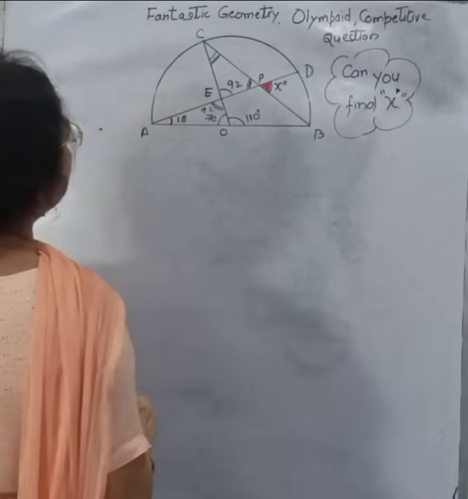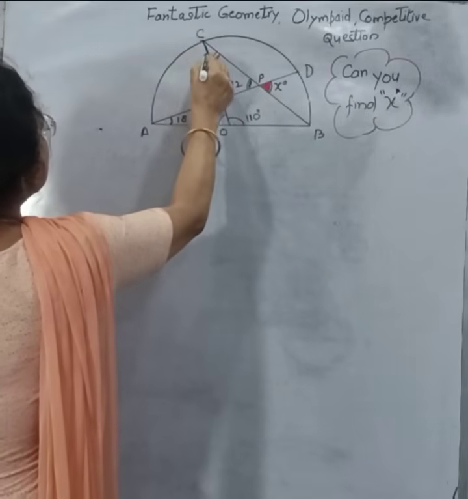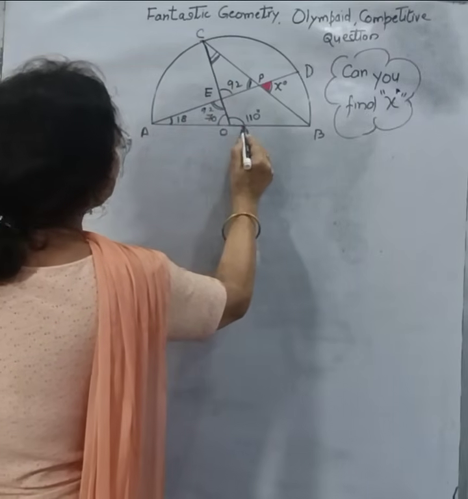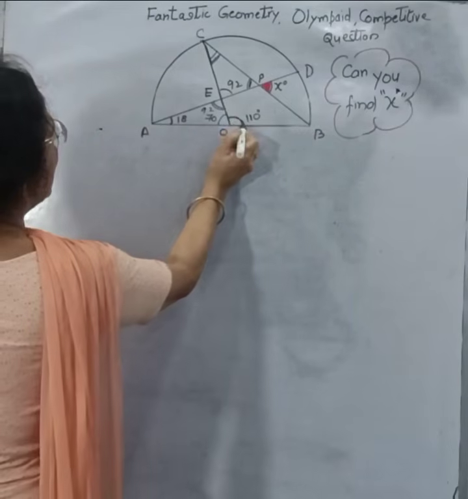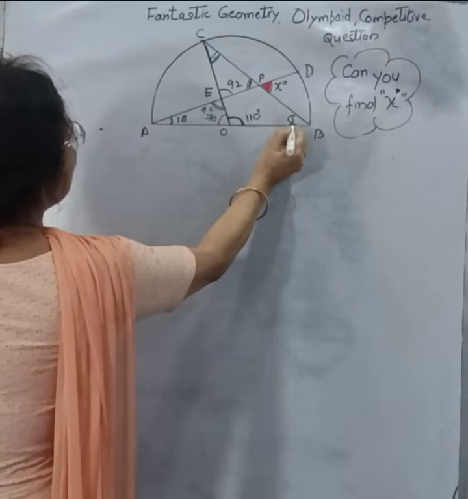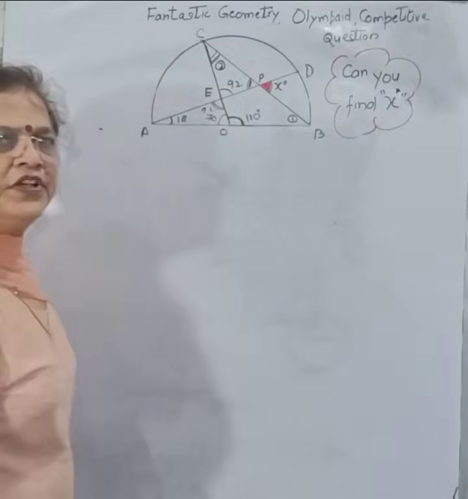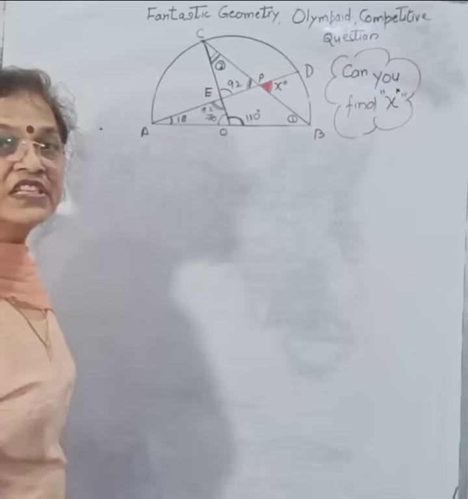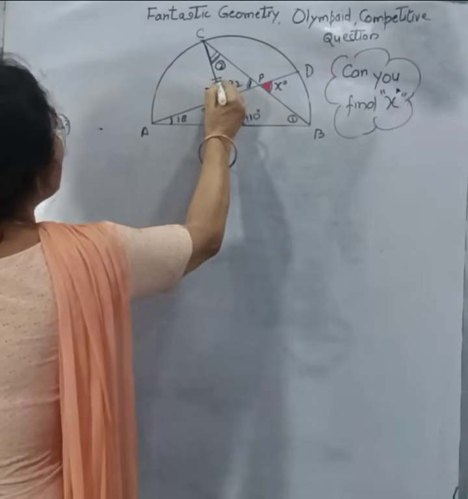Again, we can find it because this is the radius of the semicircle and this is also the radius of the semicircle and this is 110. It means the addition of these two angles will be equal to 70 and they will both be equal, ये बराबर भी होंगे.